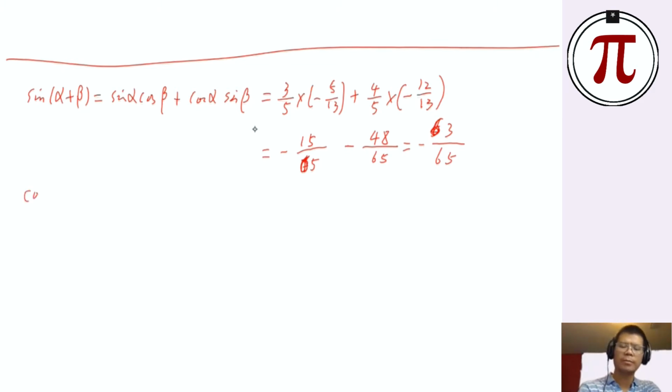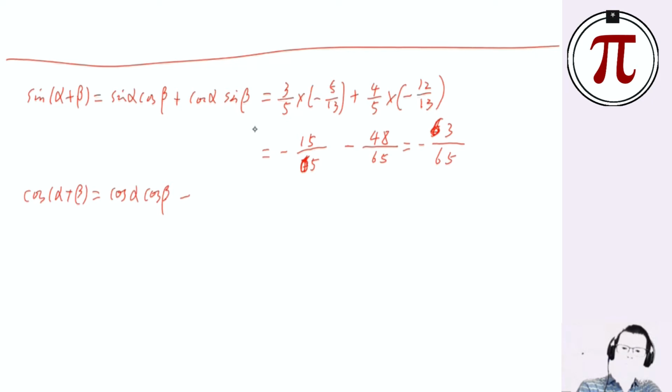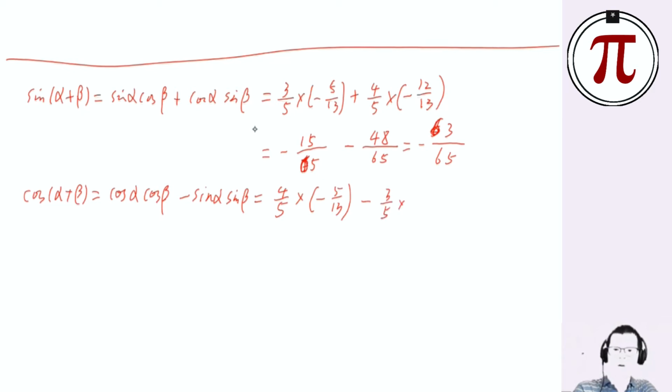Now cosine of alpha plus beta equals what? By the sum formula, it's cosine alpha cosine beta minus sine alpha sine beta. Cosine alpha is 4/5, cosine beta is negative 5/13, minus sine alpha, 3/5, times sine beta, negative 12/13.